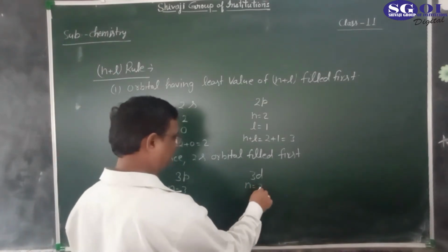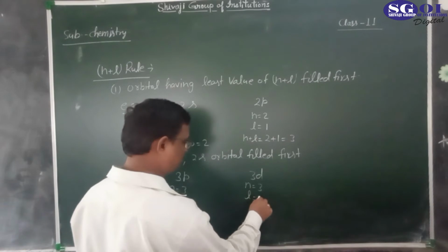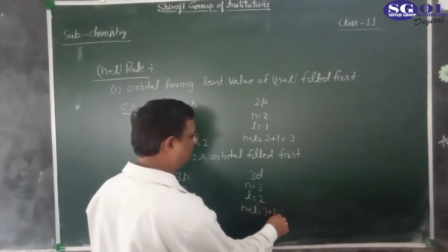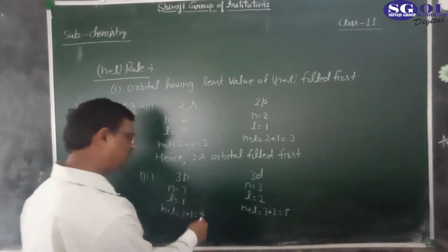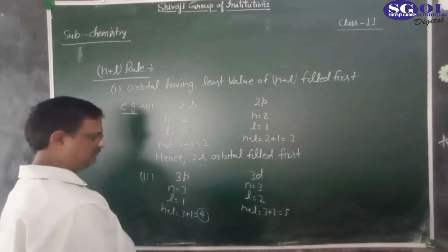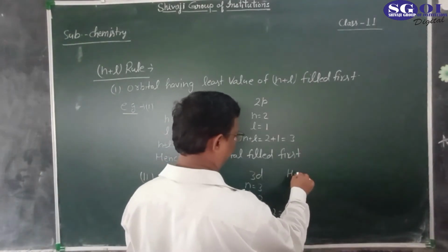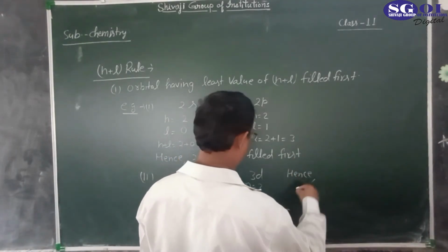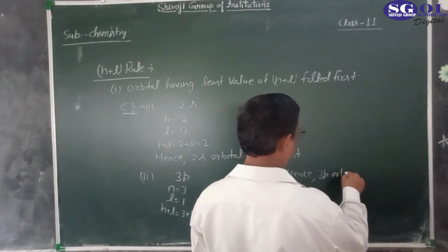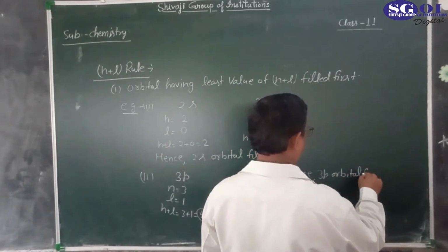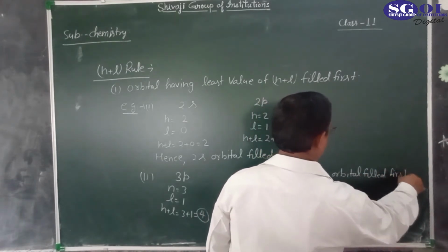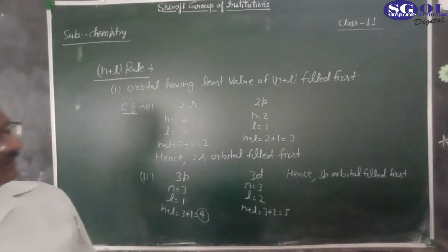For 3d, n is 3, l is 2, so n plus l is 3 plus 2 equal to 5. So the least value is 4. Hence the 3p orbital is filled first. Okay? Did you get it?